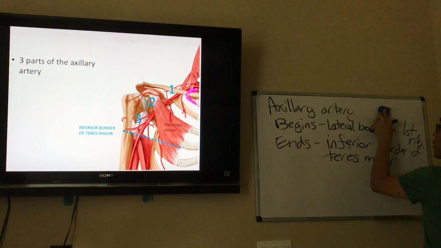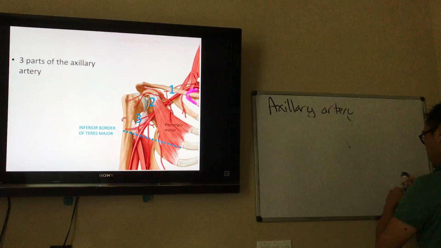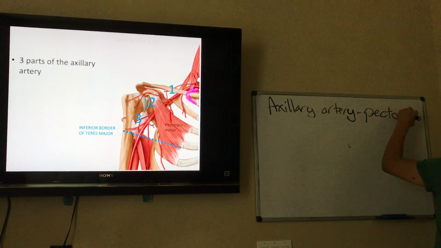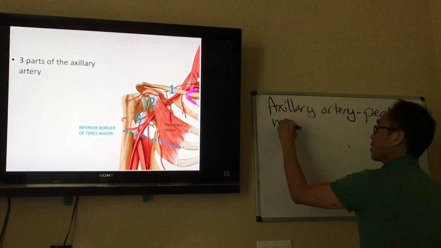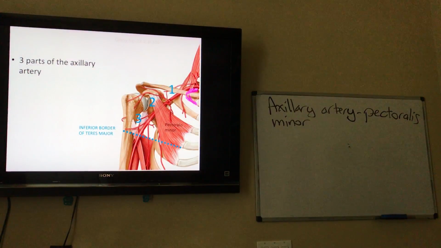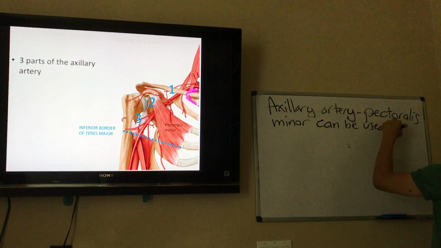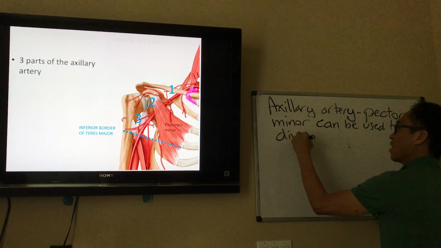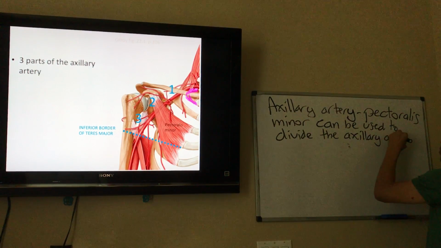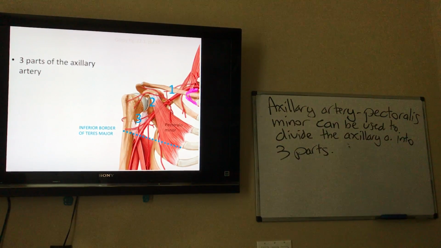So continuing on with axillary artery. Next point to know, pectoralis minor can be used to divide the axillary artery into three parts.